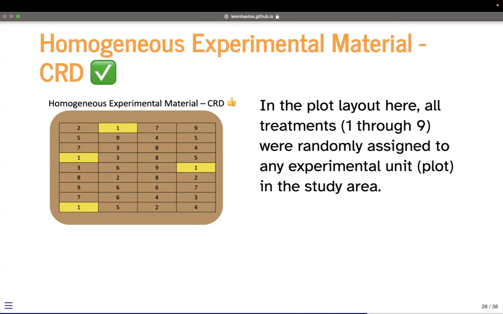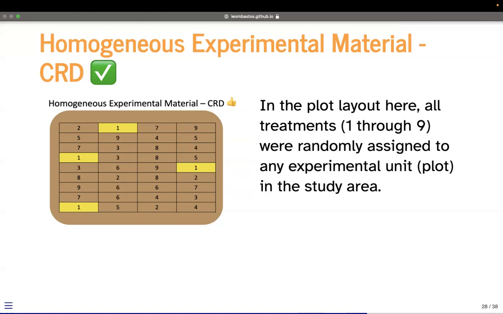So here I'm just showing you one example. Imagine that this is my piece of land at the farm, and the farm superintendent told me that they were able to accommodate all of my experimental units in a very homogeneous spot. Same soil type, perhaps no elevation gradient, a very homogeneous soil type is what we can tell.